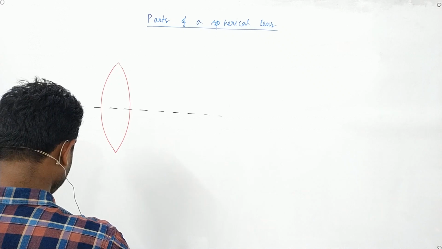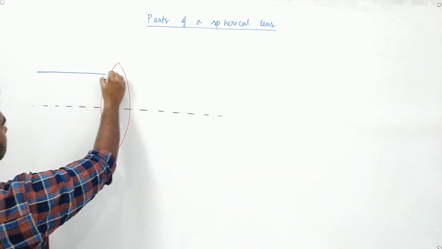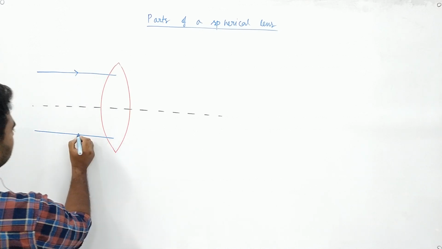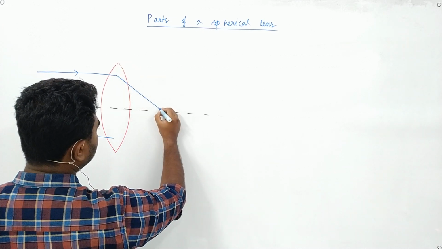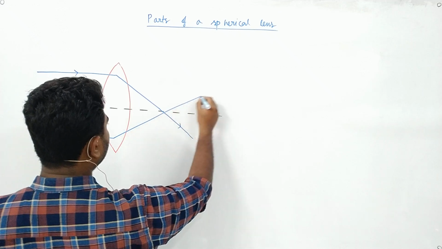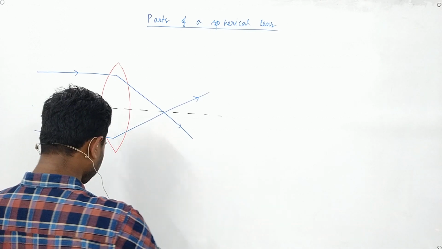Now, if some rays come parallel to the lens, they will always pass through some point on the line.